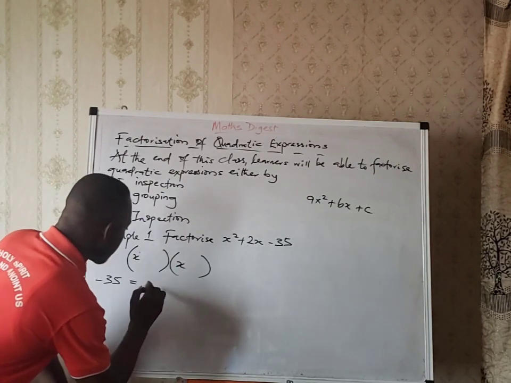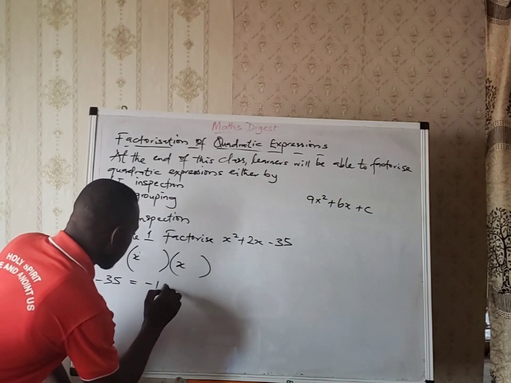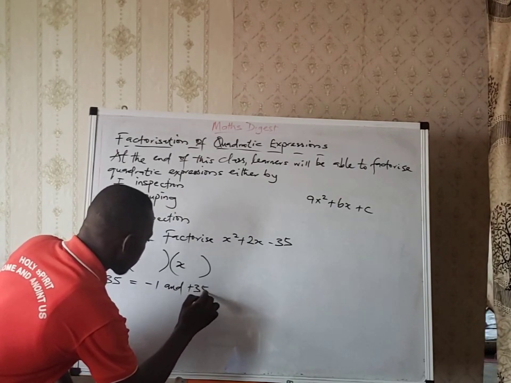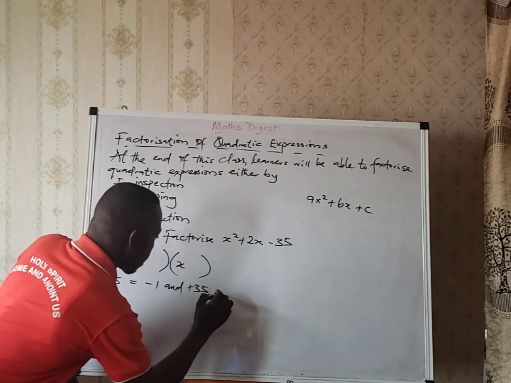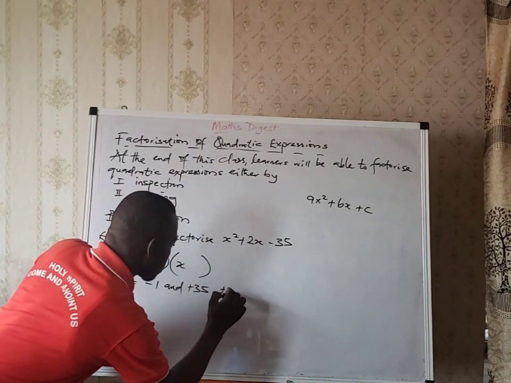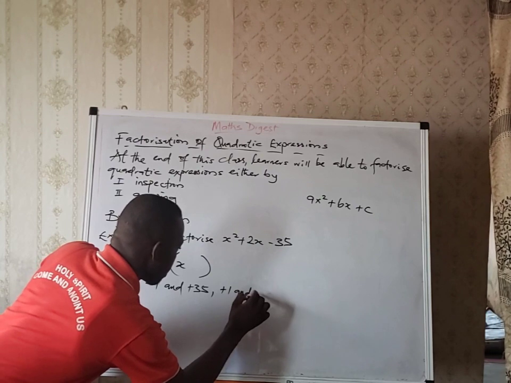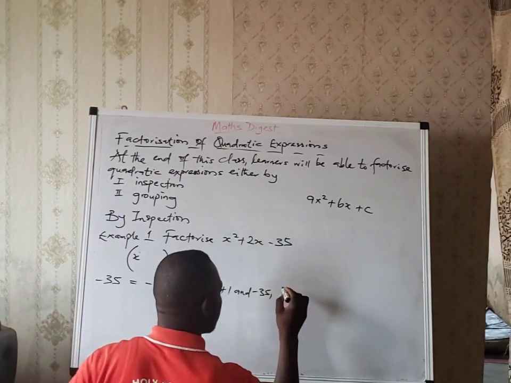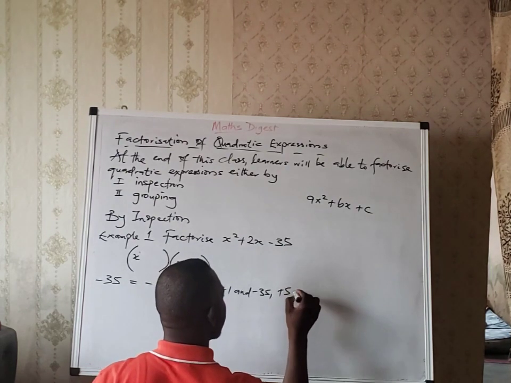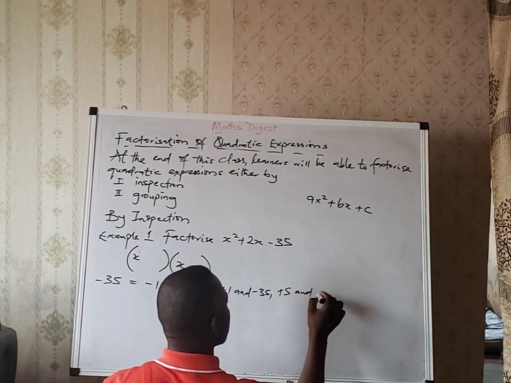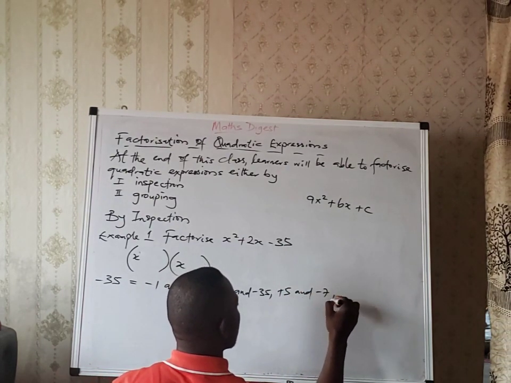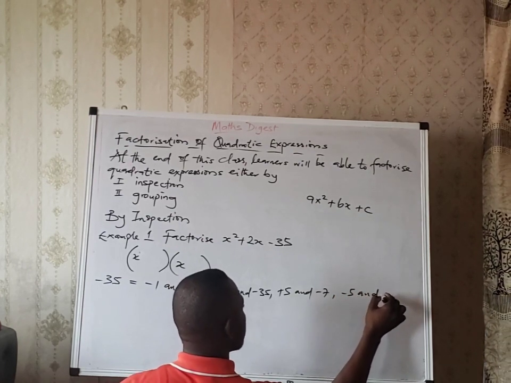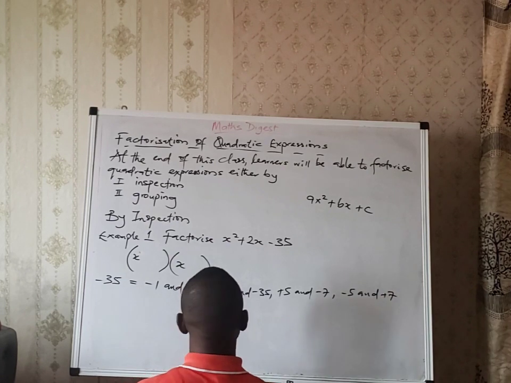We have maybe minus 1 and plus 35, or we have plus 1 and minus 35, or we have plus 5 and minus 7, or we have minus 5 and plus 7.